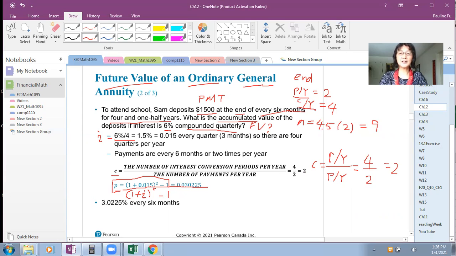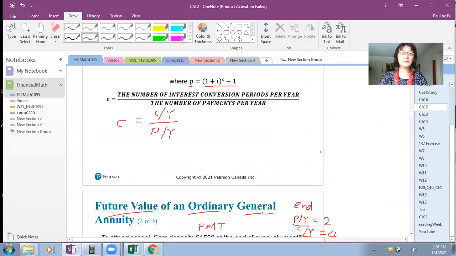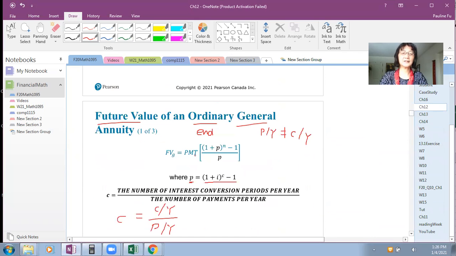When PY is not equal to CY, you need to calculate P, the equivalent rate per payment period, using this formula. And then you can calculate the future value using this formula for ordinary general annuities.